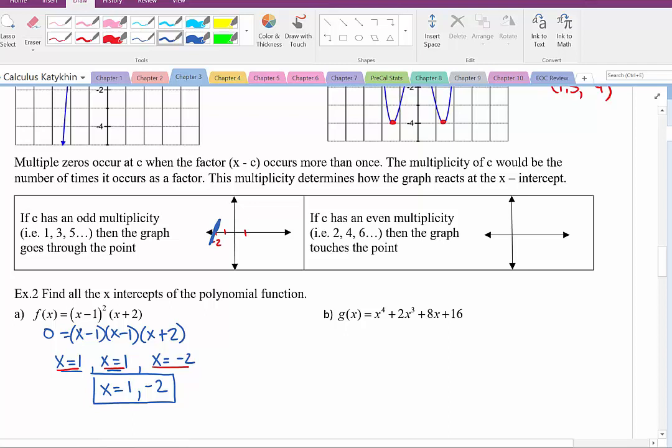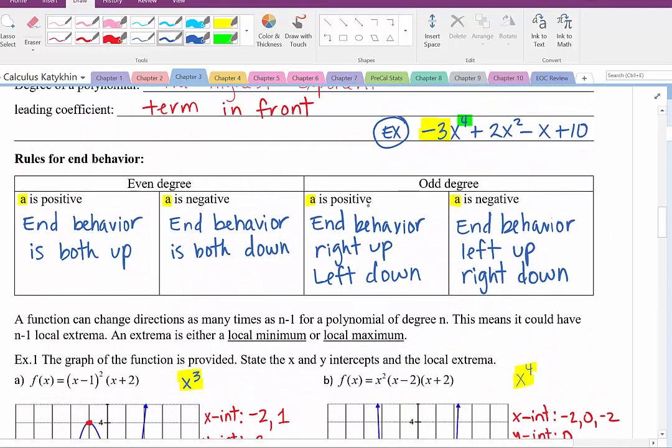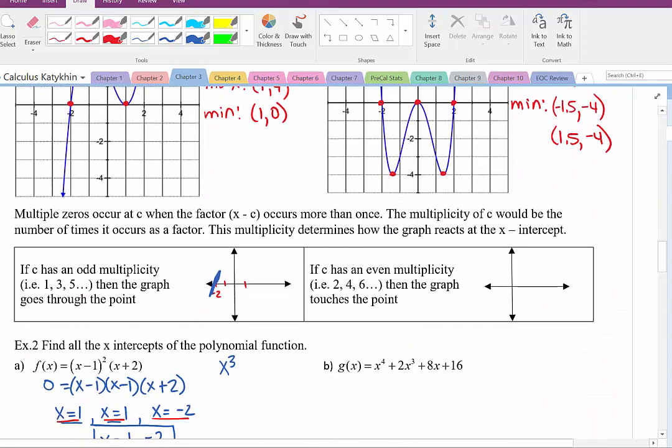Now I also know that when I multiply these out, my leading term is going to be x to the third. So if we go back and look at that, what does that tell us? If it's positive and it's an odd degree, that means my right side is going to be going up, my left side is going to be going down.